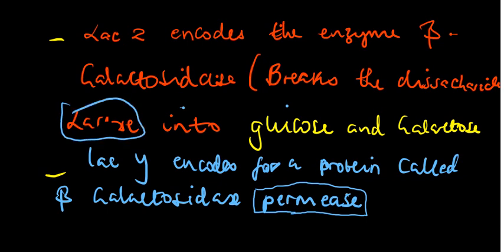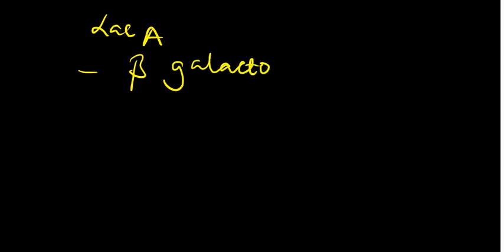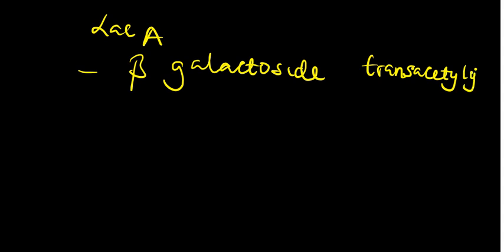Then the other thing that we have is Lac A. What does the Lac A gene do? Lac A encodes for the enzyme beta-galactoside transacetylase.